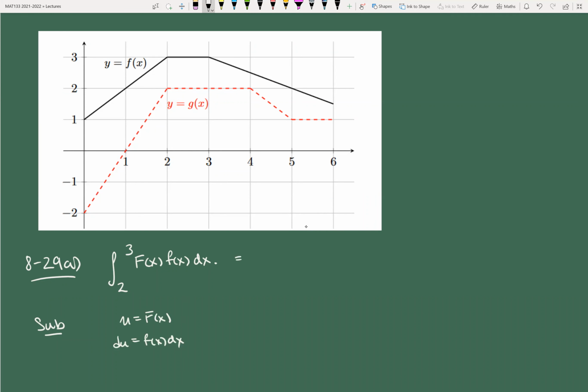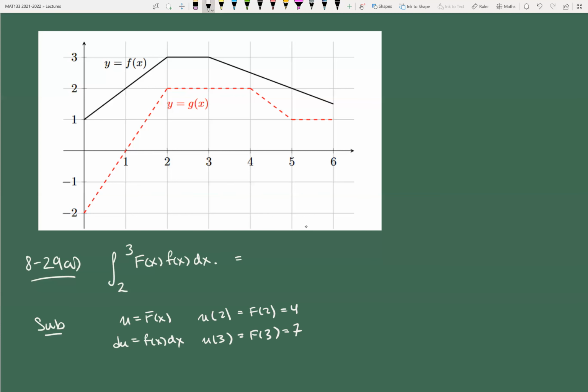So this now becomes, what is u of 2? That's F of 2, and F of 2 is 1, 2, 3, 4. Then u of 3 is F of 3, which is 7. I think, right? 1, 2, 3, 4, 5, 6, 7.